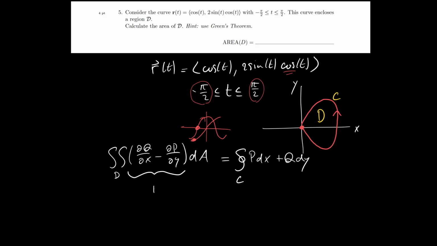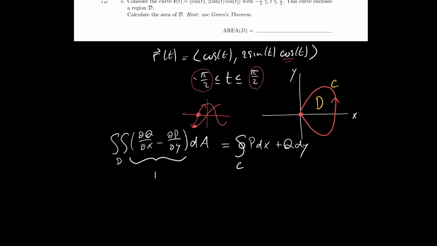If that is the case, then we're calculating the area of the region D. If you integrate 1 over some region, then you're calculating the area of the region. And that can now be calculated as an integral over the boundary, so p dx plus q dy.